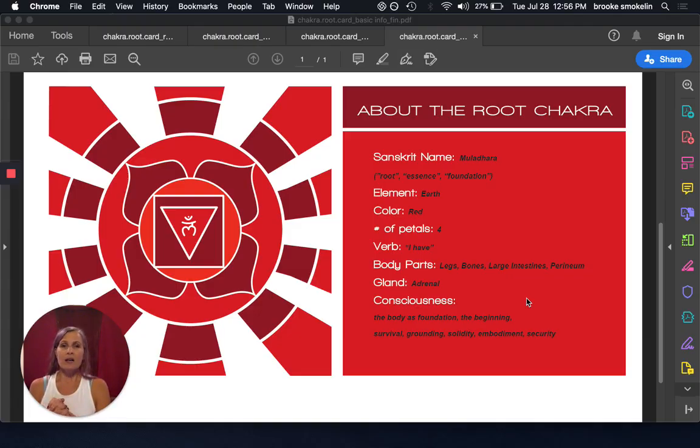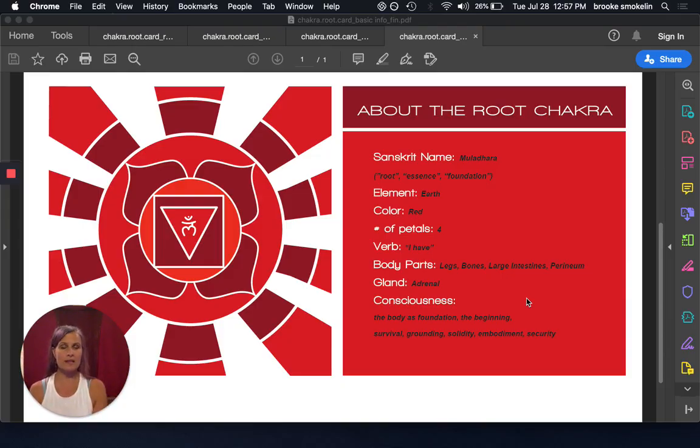The reason is that red, as opposed to, say, violet, which is up here and associated with the crown chakra, has a longer wavelength, whereas violet has a shorter wavelength.